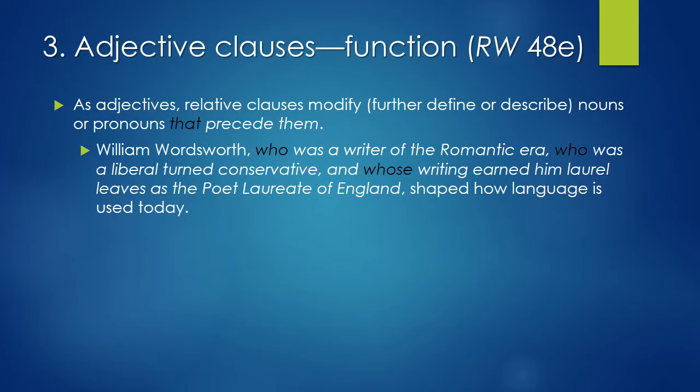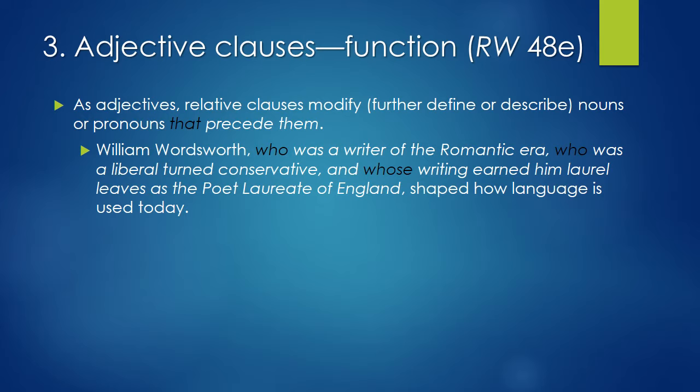As adjectives, relative clauses modify, that is, further define or describe, nouns or pronouns that precede them. Example, William Wordsworth, who was a writer of the Romantic era, who was a liberal turned conservative, and whose writing earned him laurel leaves as the poet laureate of England, shaped how language is used today.